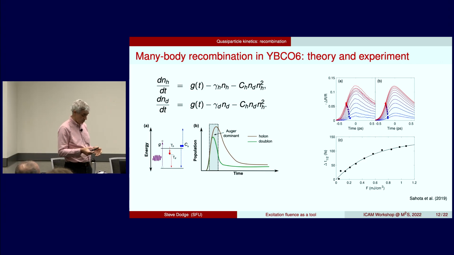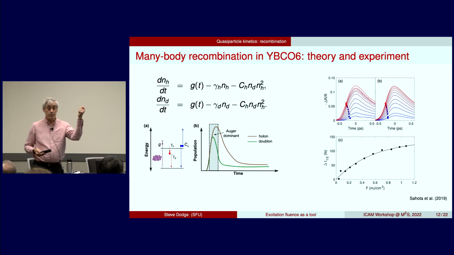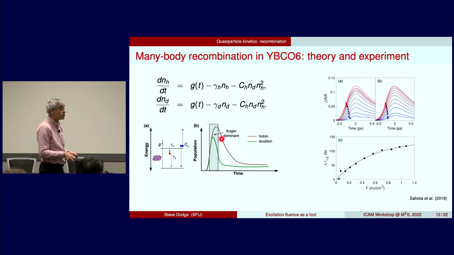Let's say this corresponds to the doublon, and this to the holon. If the doublon trapping rate is very fast, then it grows and shrinks essentially with your pulse width. And if you crank up your fluence, the overall magnitude of that peak will change.